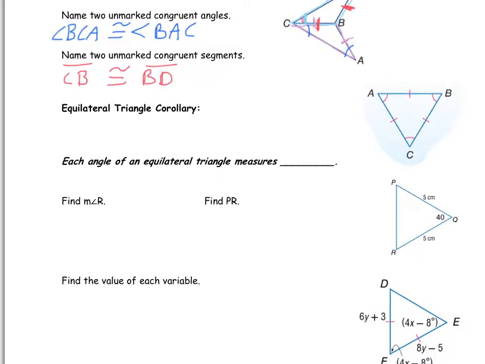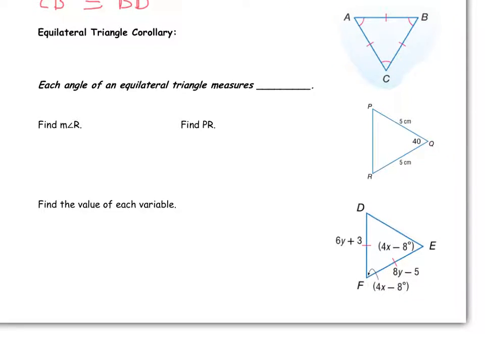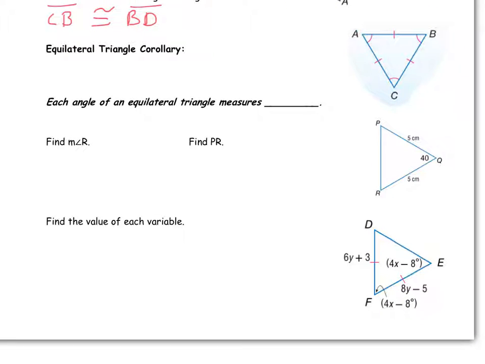Okay, now we're going to look at an equilateral triangle. This equilateral triangle corollary says that a triangle is equilateral if it is equiangular.